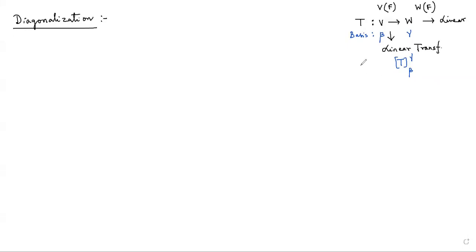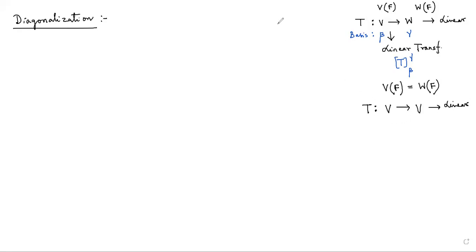But if we consider the domain and the codomain to be the same, we say that T is defined on the vector space V, or T is a mapping from V to V, which is linear, of course.